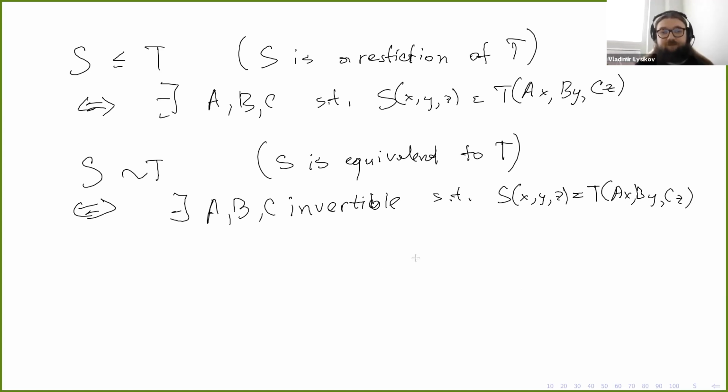And now we can actually phrase all statements about complexity of bilinear maps in terms of reductions, because we can define the diagonal tensor In, which as a trilinear map looks like this. It's the sum of n summands, each of which is the product of corresponding coordinates.